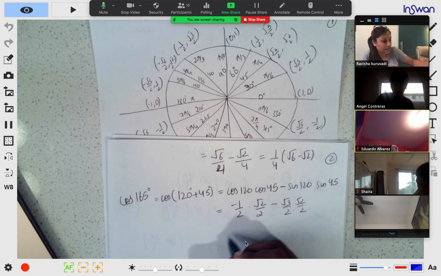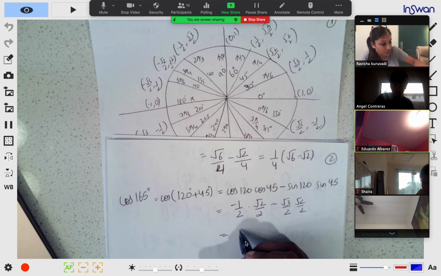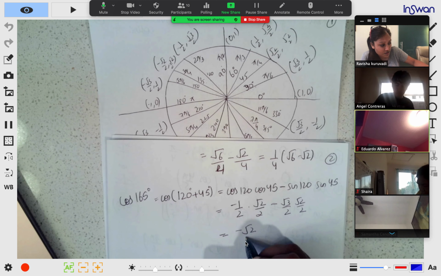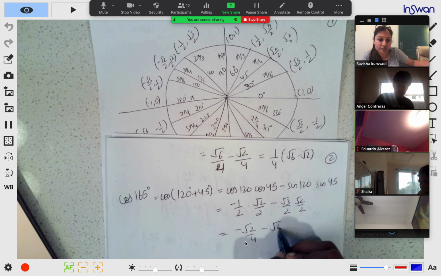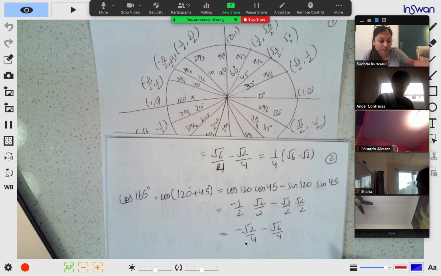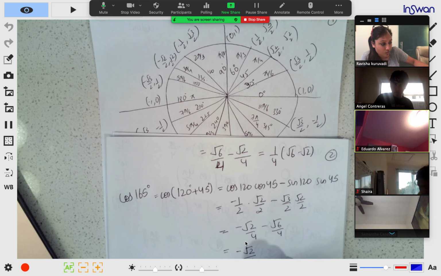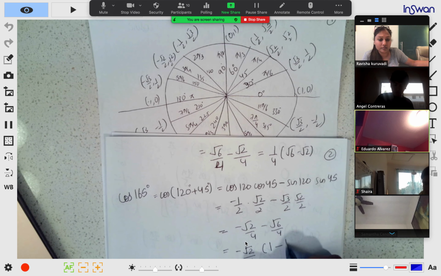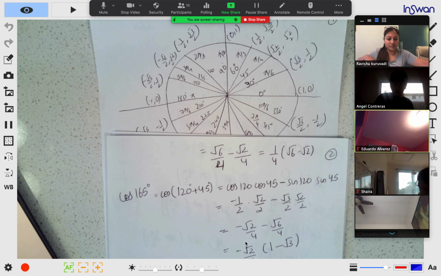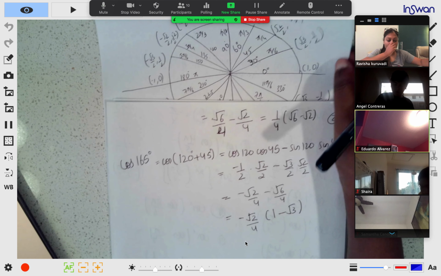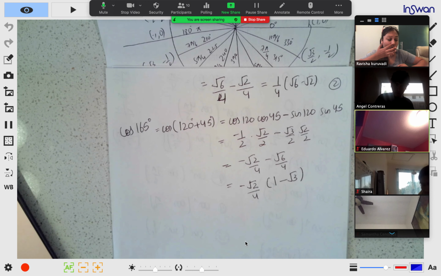So you get negative root 2 over 4 minus root 6 over 4. You can take out the common negative and root 2 outside over 4, and you're left with 1 minus root 3. So basically you have to find a combination in such a way that you get this angle.